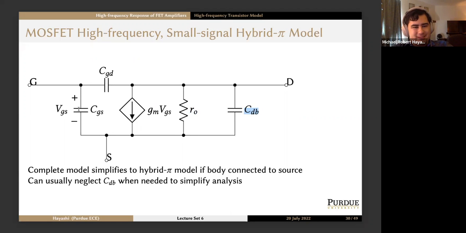But the main thing is, the open circuit of the hybrid pi model became this capacitance. And we also have this other bridging capacitance between gate and drain. And remember, for low frequency or even medium frequency work, we do not need the full high frequency small signal hybrid pi model. You can get by using an open circuit for these capacitances and everything works out fine.